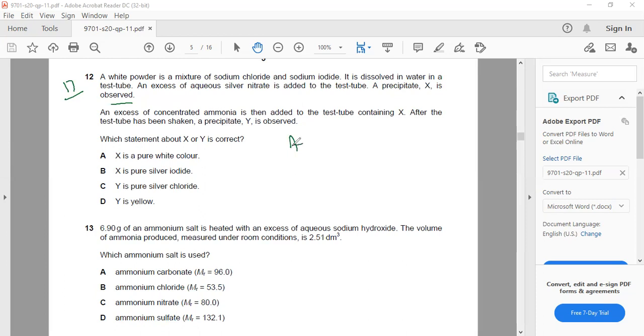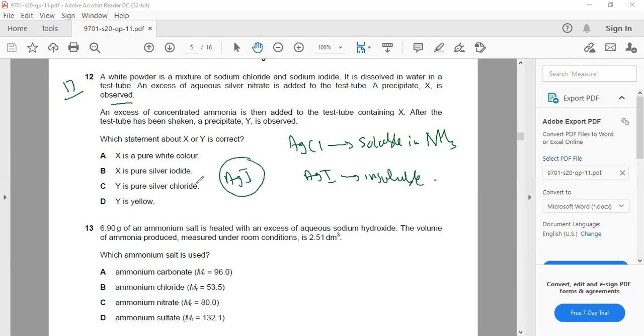Keep in mind, silver chloride dissolves, it is soluble in ammonia, but silver iodide is insoluble. So what is left? Silver iodide will be left. What is the color of silver iodide? Yellow. In excess ammonia, silver chloride will be soluble, but silver iodide will be insoluble.